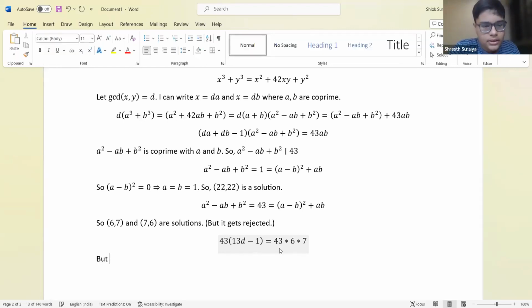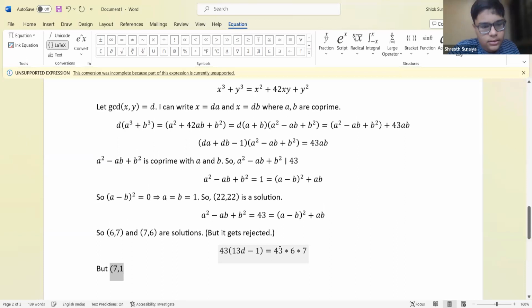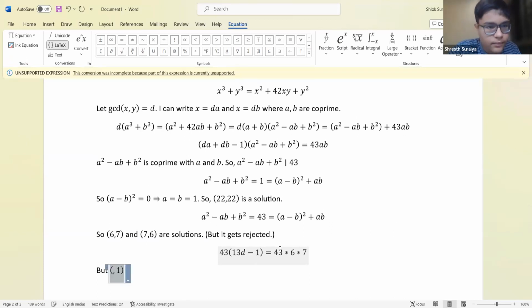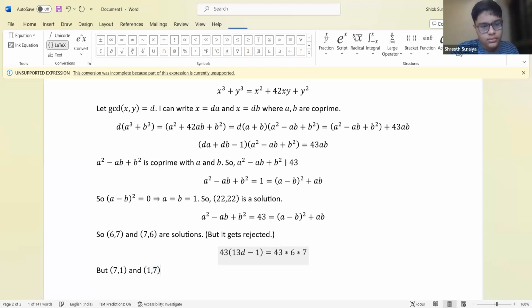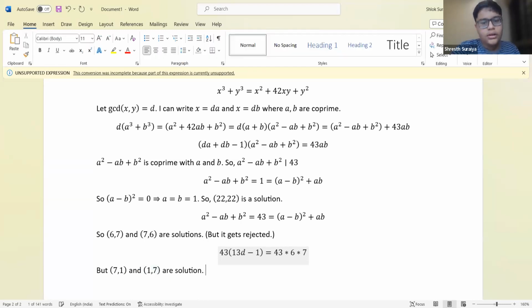So 7 comma 1 and 1 comma 7 are solutions. And if you see, then it won't get rejected as well, because dA plus dB minus 1 equals AB and AB is equal to 7.